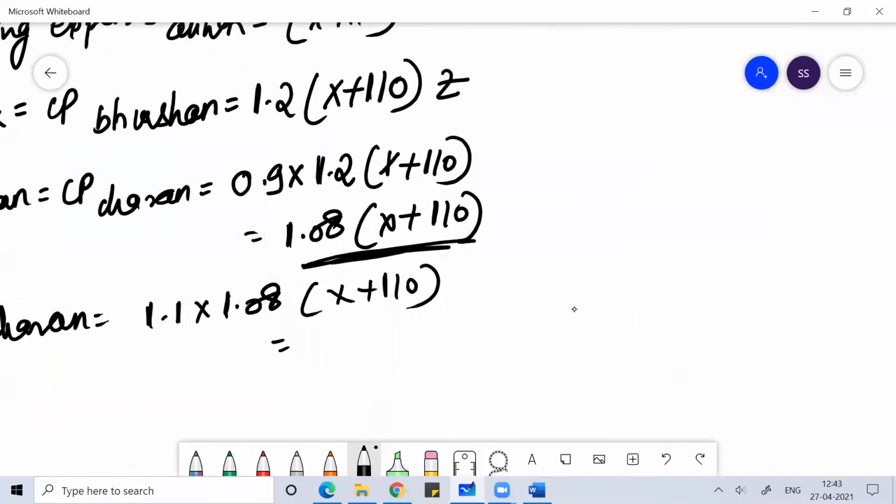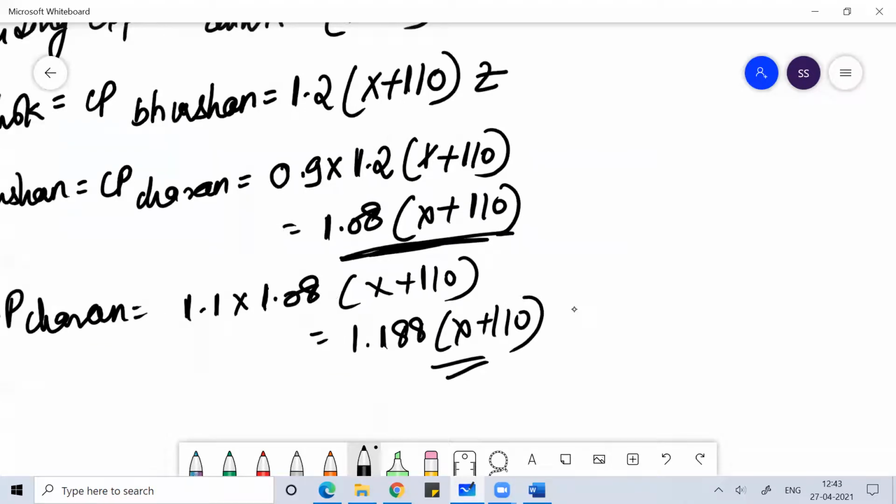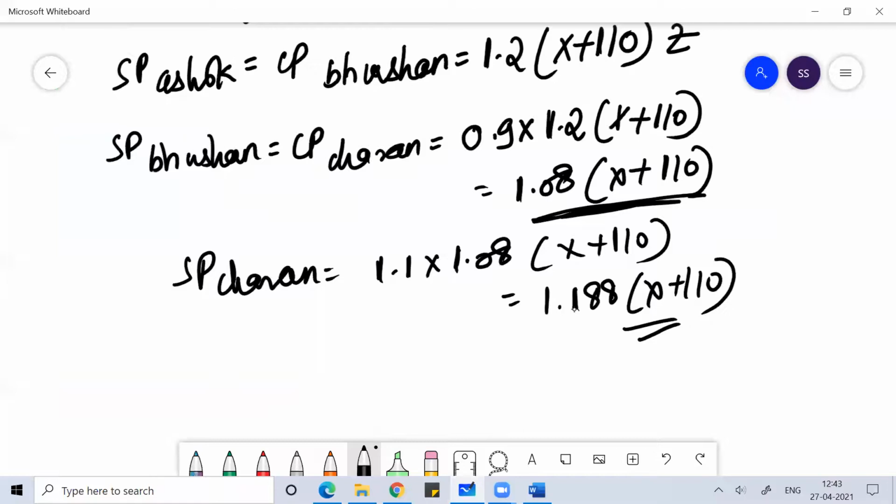So 1188, with three decimals: 1.188 into (x plus 110). That is the selling price of Charan.